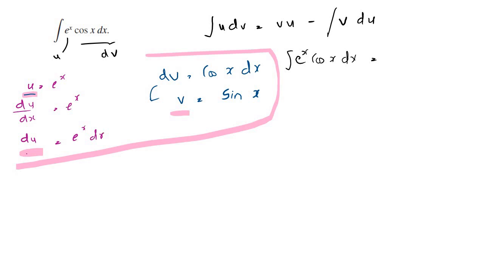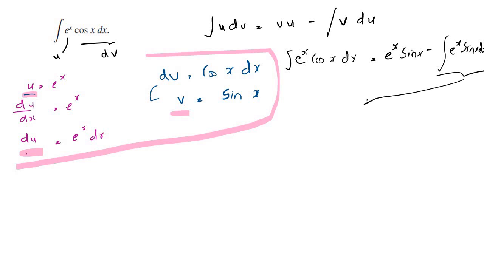So u is e to the power x and v is sine x, minus the integral of sine x times e to the power x dx. So we have a similar function here. Now we'll have to do this function again.